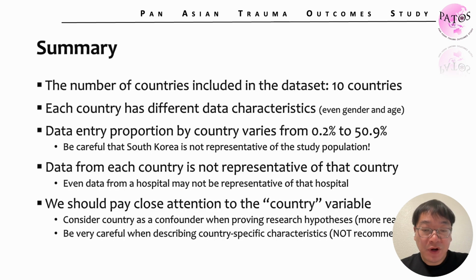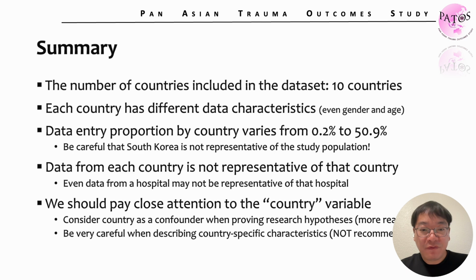And this is the summary of my presentation. The number of countries included in the data set is 10. Each country has different data characteristics, even gender and age. And data entry proportion by country varies from 0.2% to 50.9%.